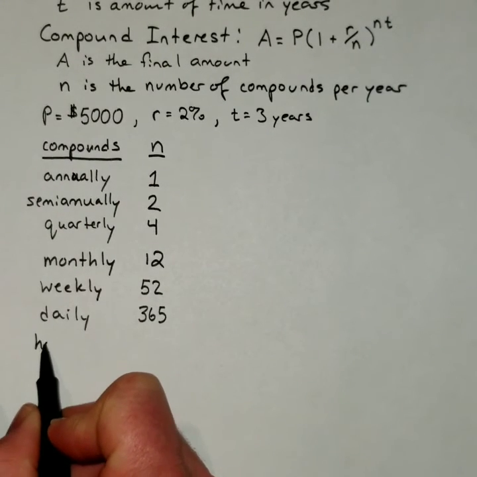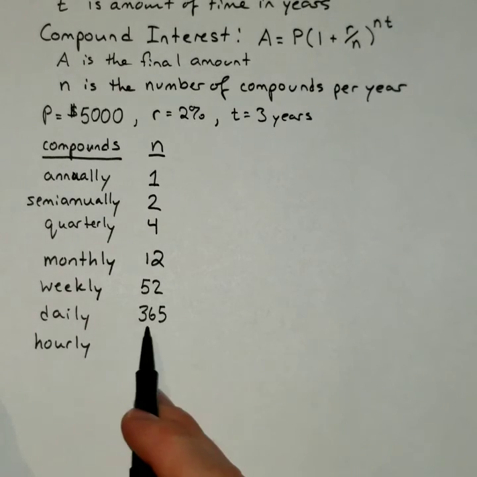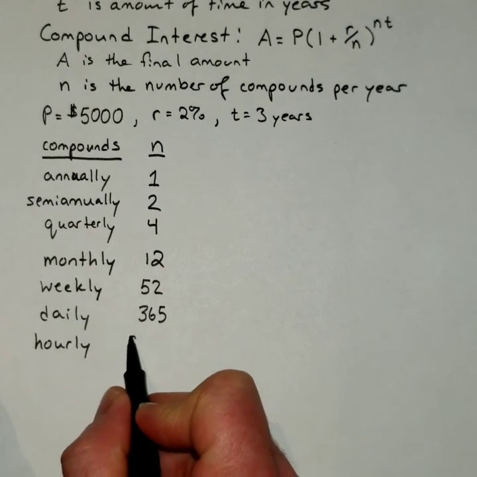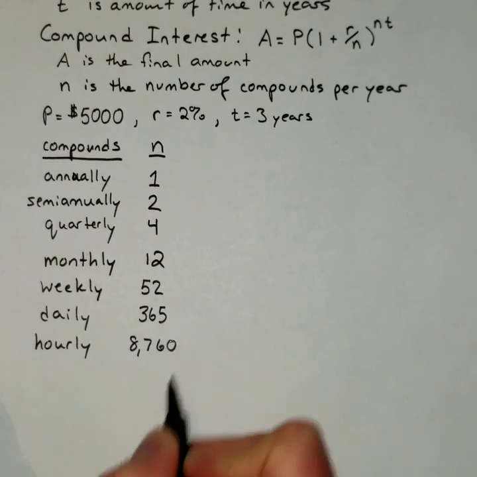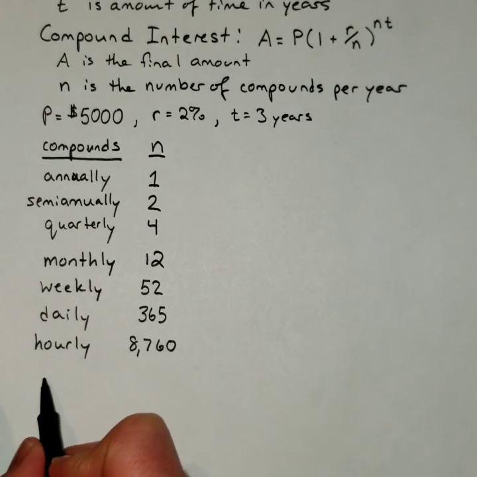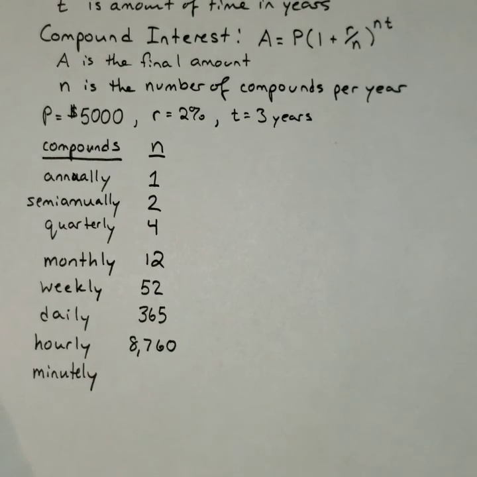Hourly, so we could go even more than once a day. We could go hourly. All you'd have to do is take 365 and multiply it by 24, and you should get 8,760. And if you wanted to do this minutely, that would be every minute.